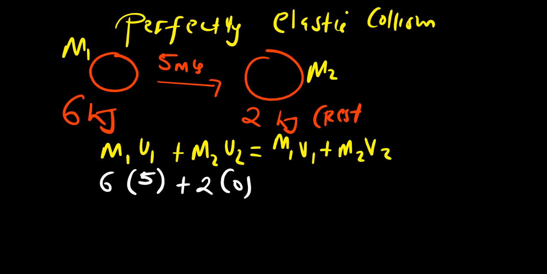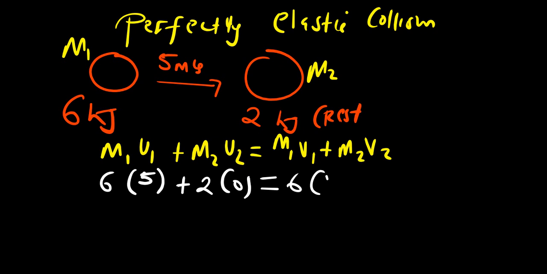When we come to the other side, the mass for the first ball is going to be the same, 6, multiplied by, what about the velocity for the second ball?